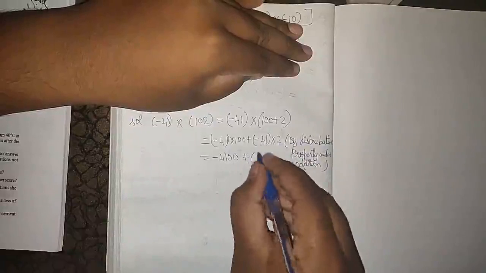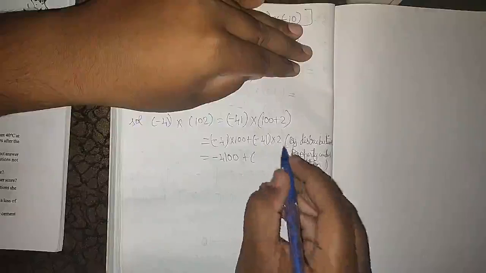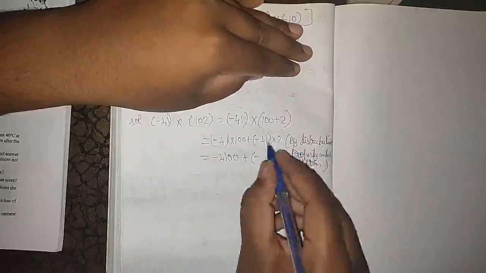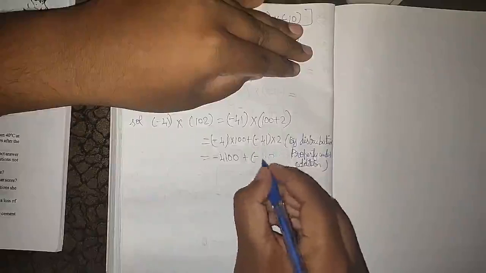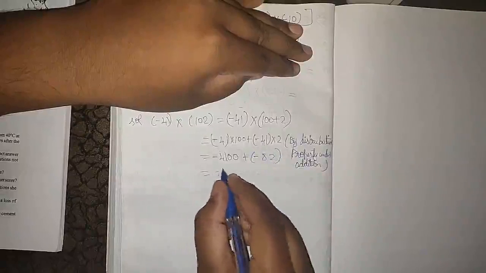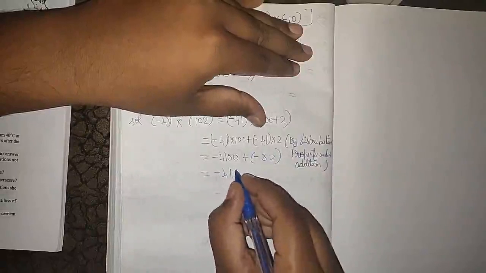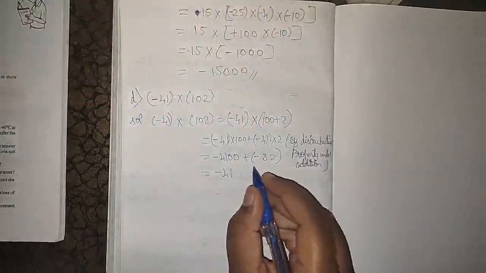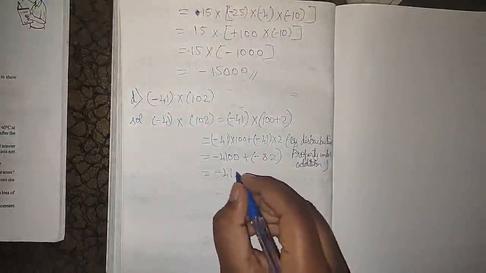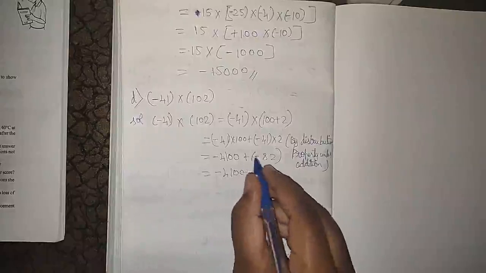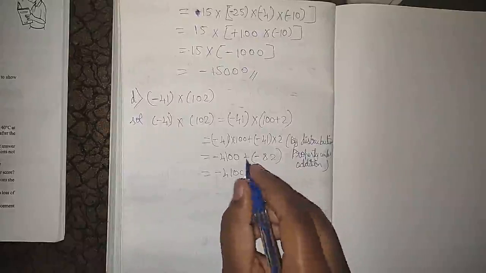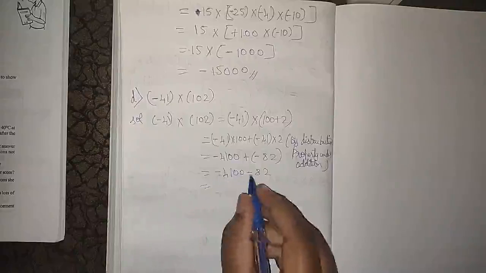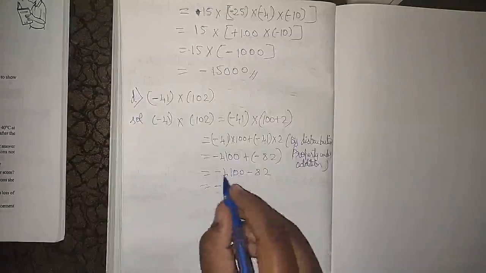41 into 2. First minus into plus will be minus. Okay, 41 into 2, 2 ones is 2, 2 fours is 8, 82. So minus 4100 plus minus 82. What will you get? When two numbers are negative, write the negative sign and add these two numbers.